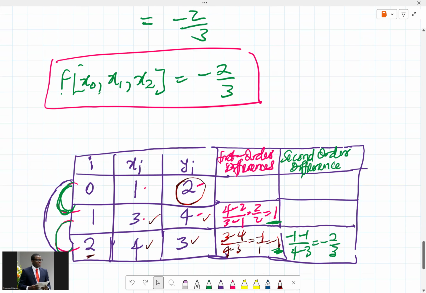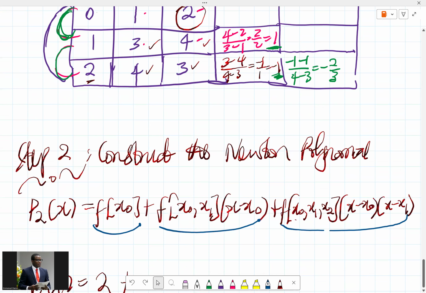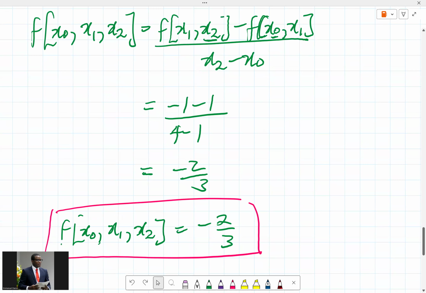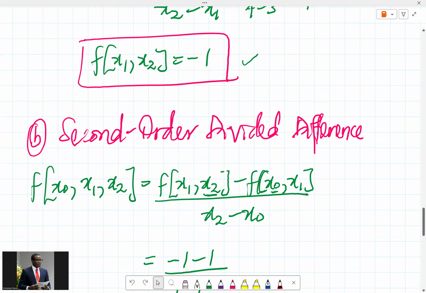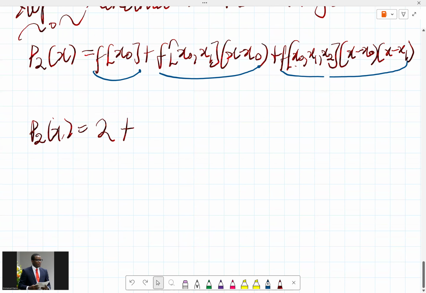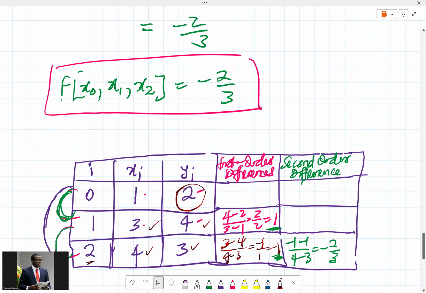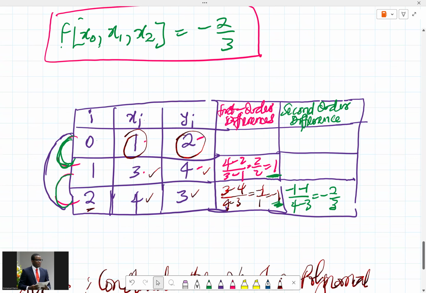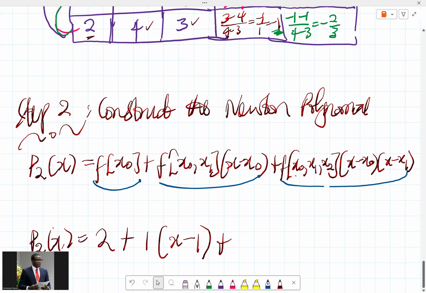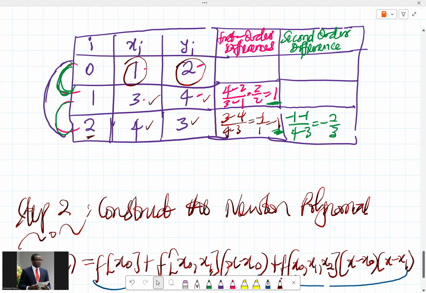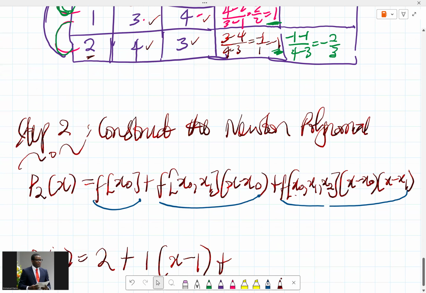So f of x naught x1 is 1. So we have 1 into x minus x naught. Our x naught is this one right here, so that's 1 into x minus 1. Then plus f of x naught x1 x2, that's minus 2 over 3, which is this same one now.